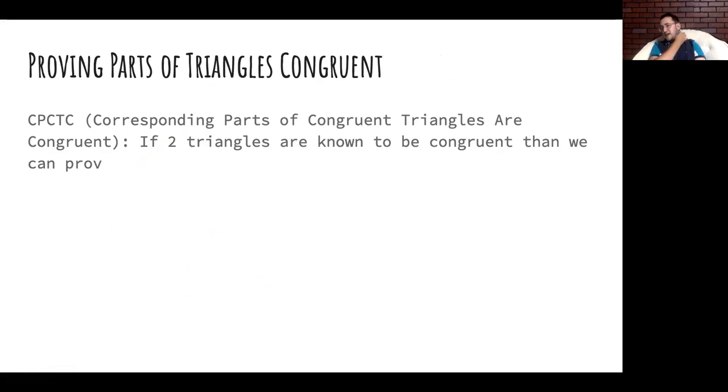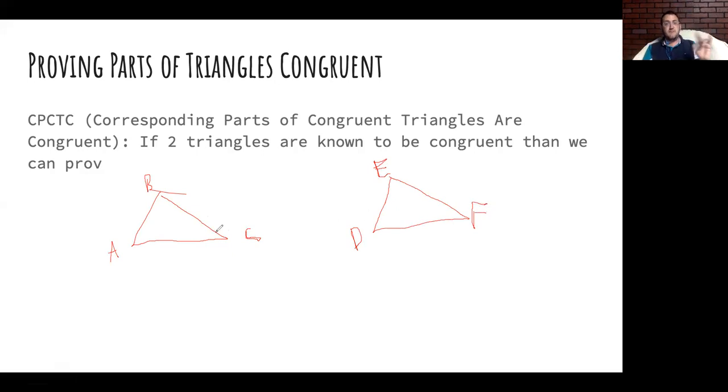All right. Another thing that we can do, we could have a situation where maybe you have two triangles. So I have A, B, C and D, E, F. And I could think about proving these triangles congruent. Maybe I have a side angle side.